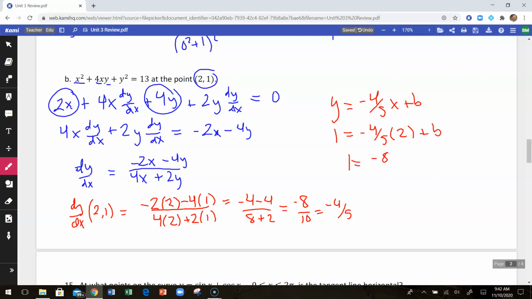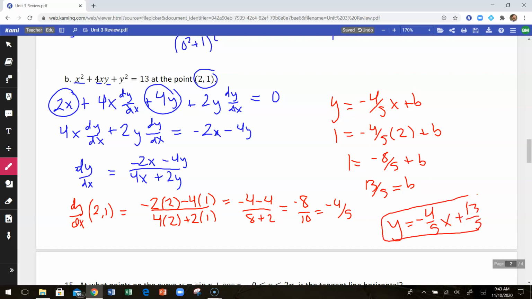So that would give us negative 8/5. And if we add that over, if I add that to 5/5, that's going to be 13/5 is what we're going to get for b. So our equation is going to be y equals negative 4/5 x plus 13/5.